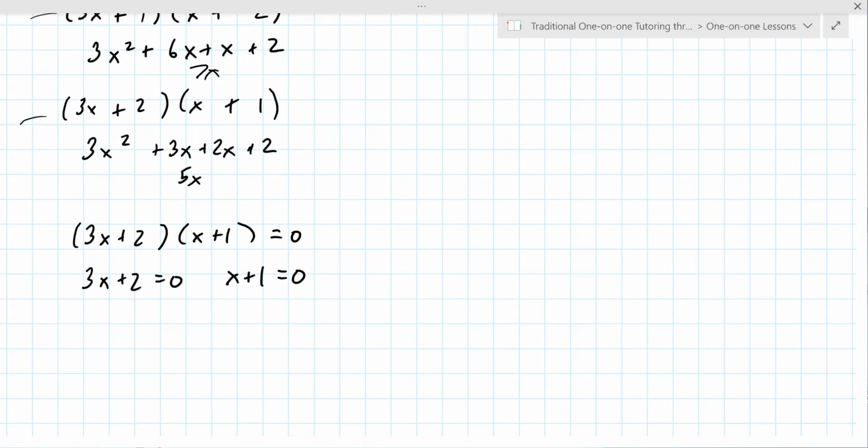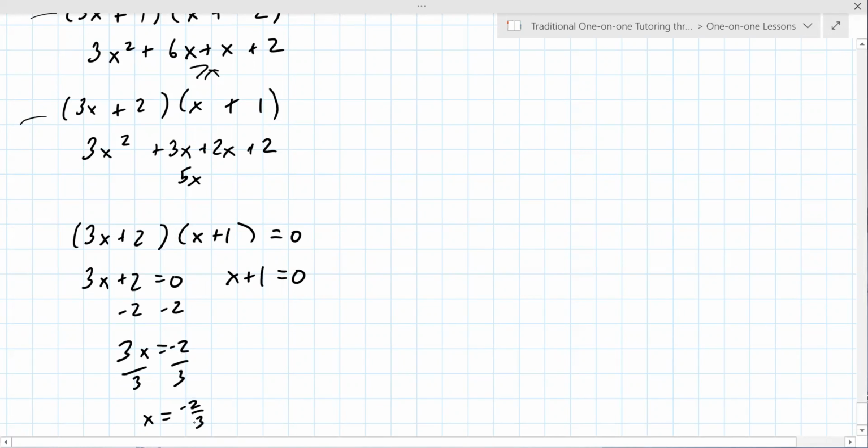So that's 3x equals negative 2, and then you got to solve them. It could be many steps, could be not so many. And then minus 1, x equals minus 1. That one's easy. And then you're done with it now, right? Yes, these are your answers.